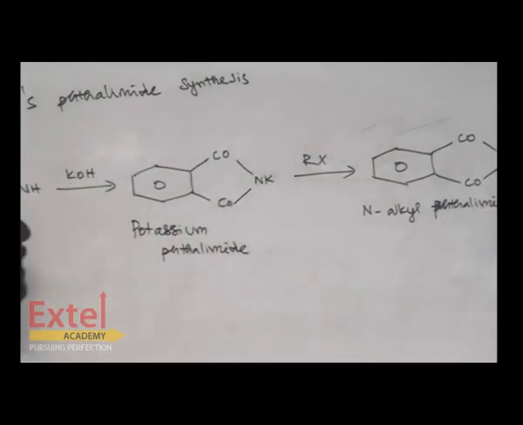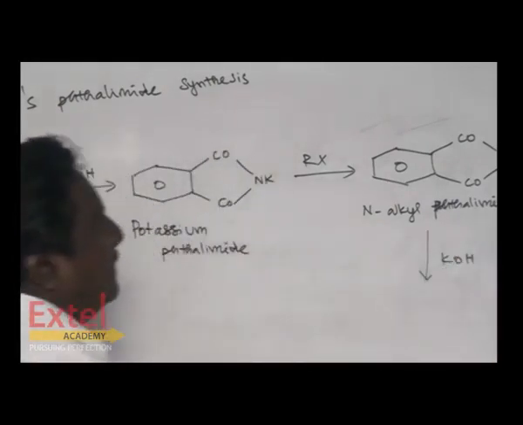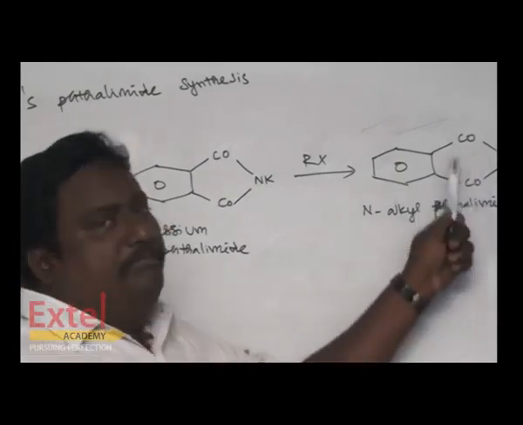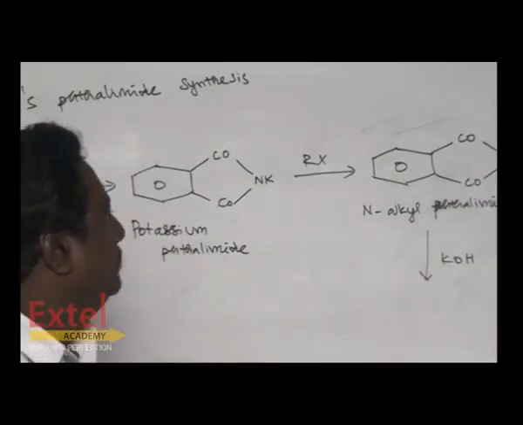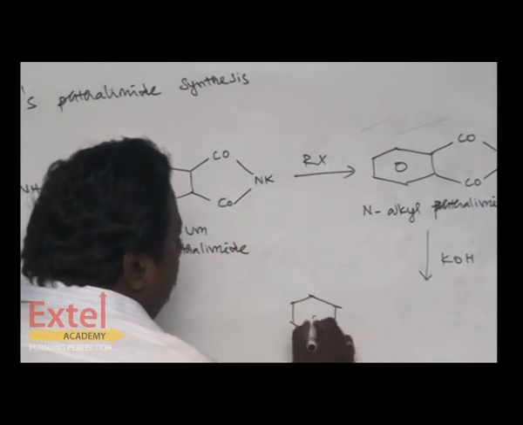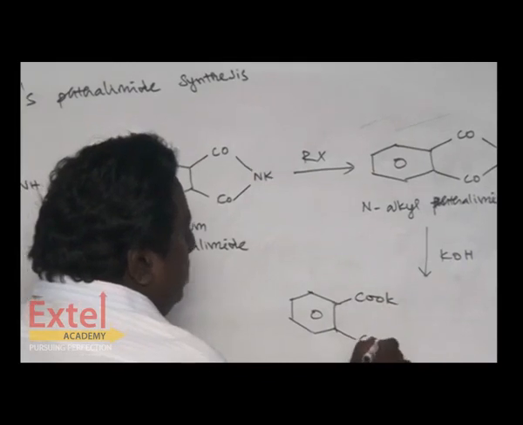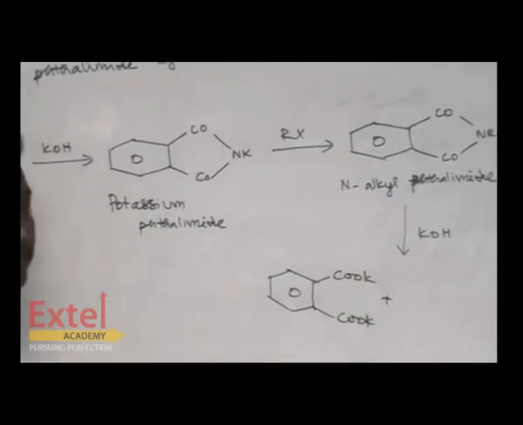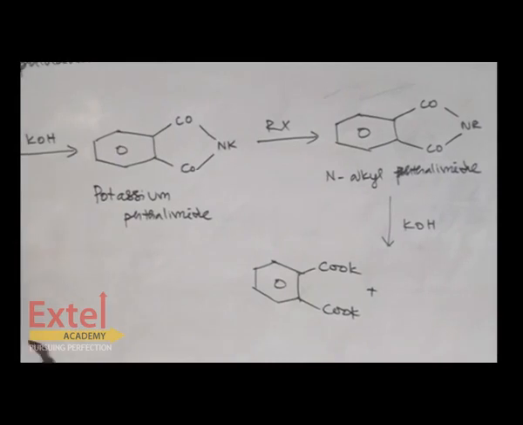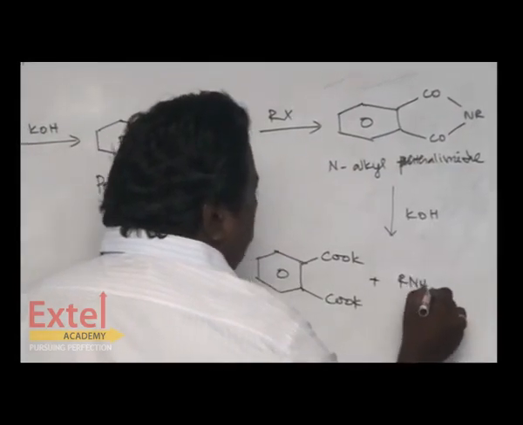When N-alkyl phthalimide is treated with KOH, these two bonds have been broken, and you are getting one compound like this, a potassium salt, and this R-N combined with hydrogen to form RNH2.